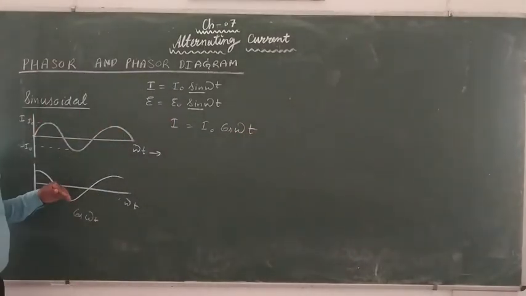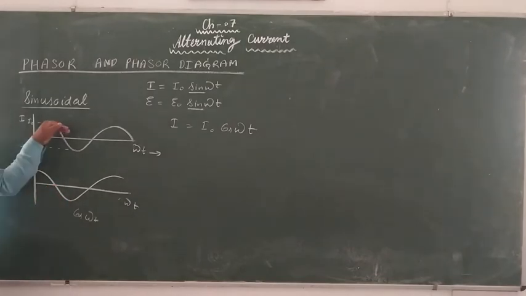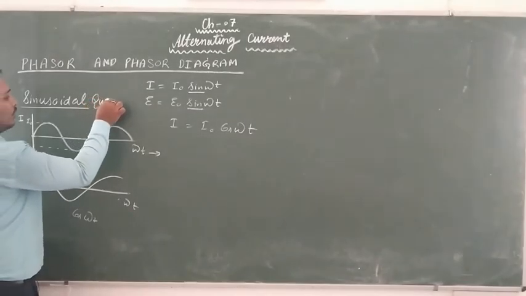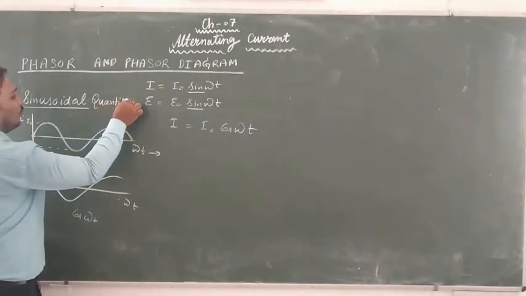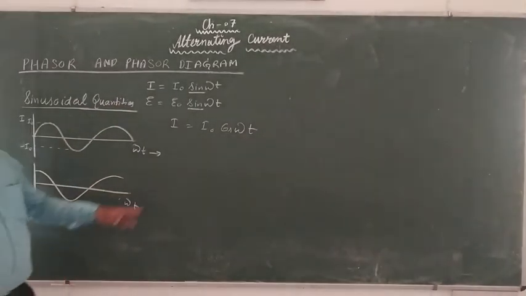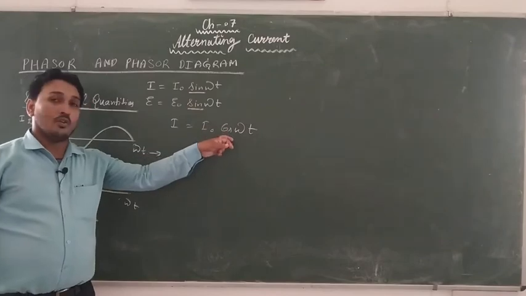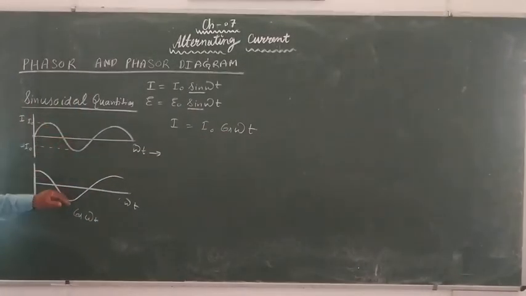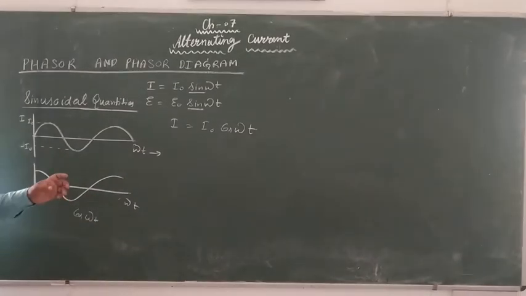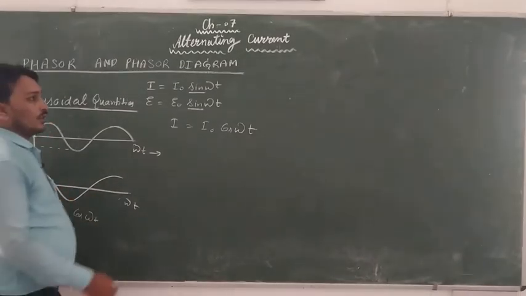So whenever a quantity can be represented by a curve of sine or cosine, that quantity is called a sinusoidal quantity. First of all, this thing we need to understand. Now, after this, you need to understand one more thing.